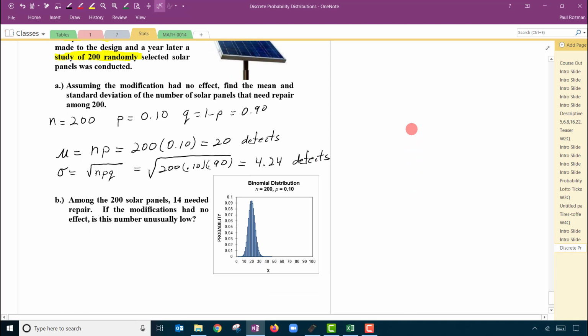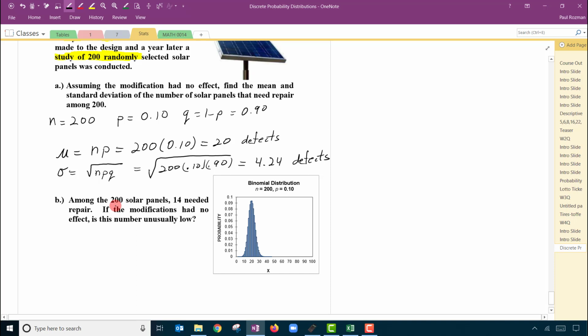So we're wondering at this point, did the modifications help? Before we did modifications, 10% of these things had problems. Then we did modifications, and we studied the results of 200 modified solar panels, and we found that 14 of them actually needed fixing out of the 200.